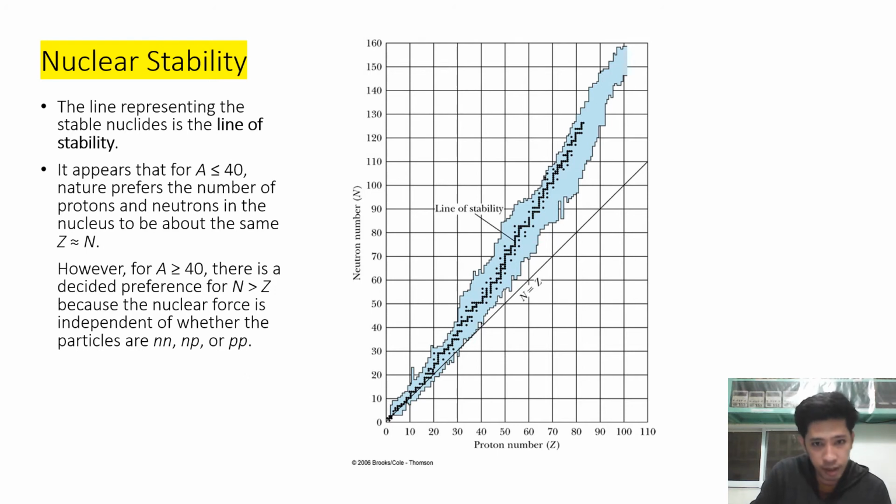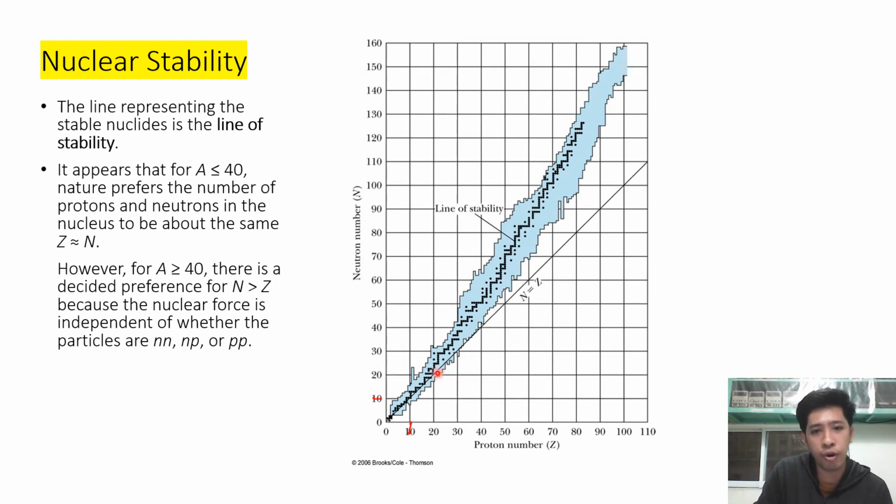From here, with 10 neutrons and 10 protons, it's stable, and 20 neutrons and 20 protons is still stable. So 20 plus 20 is equal to 40. If A is less than or equal to 40, you have an equal number of neutrons and protons and you can see stable nuclides.